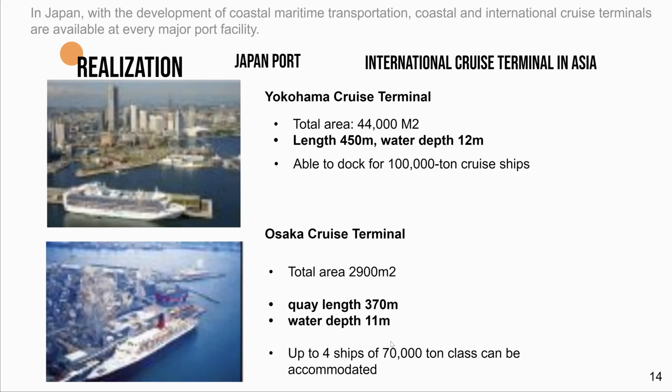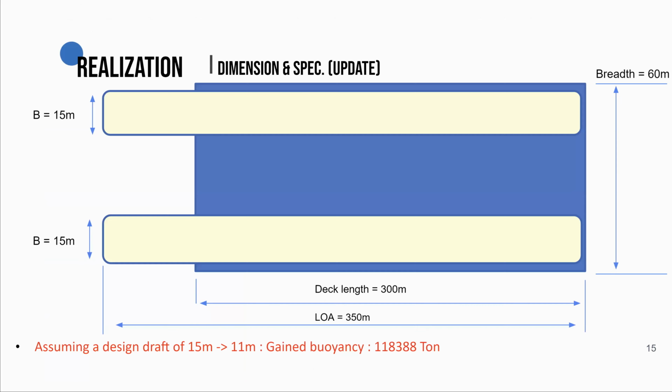The reason we are bringing up these stats is that for a ship to enter a port, it needs to qualify for the specifications of the cruise terminal of the port. So initially, the specification and dimensions of our cruise ship had a length overall of 350 meter, and we proposed a design draft of 15-meter.